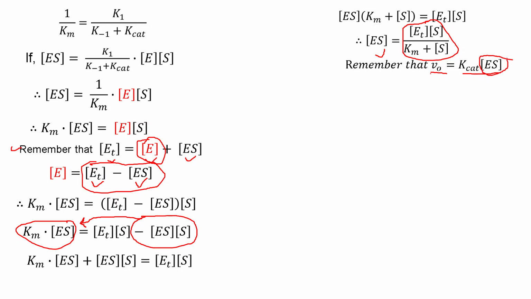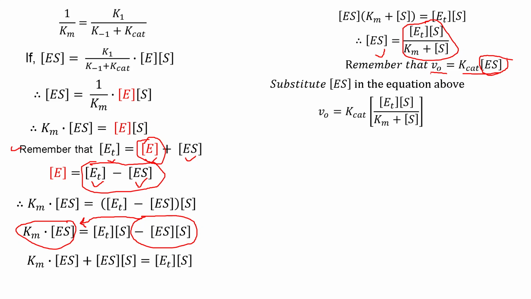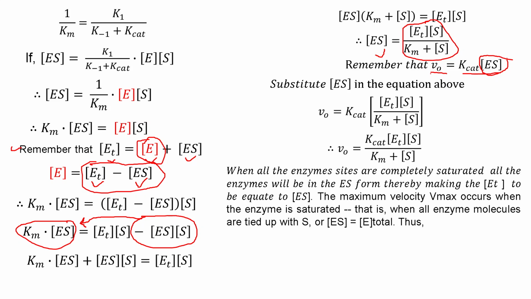So when we substitute ES in the above equation, you're going to have that our V0 is equal to K cat multiplying everything in that equation, which is ET multiplied by S, all divided by Km plus S. Now, our V0 will then be K cat multiplied by E total multiplied by S all over Km plus S.